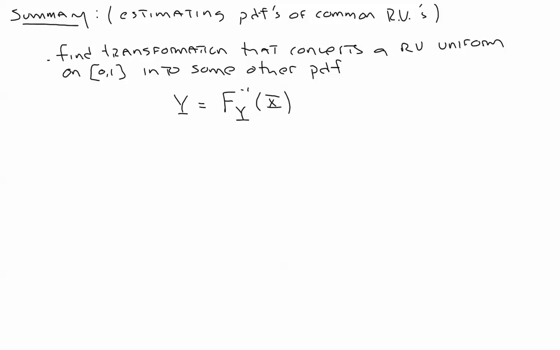All right, x will be uniform on 0 to 1. Y is any other random variable. The transformation function that will convert a random variable x uniform on 0 to 1 into random variable y is the inverse cumulative distribution function for y evaluated at x.